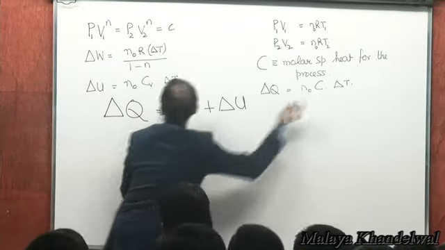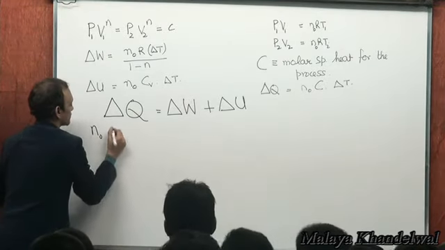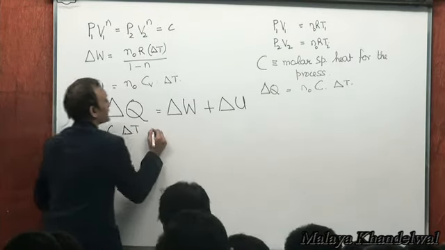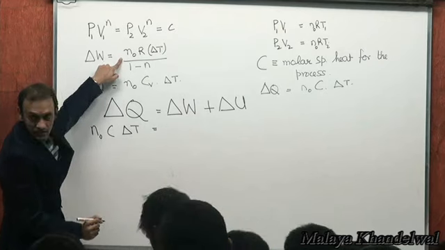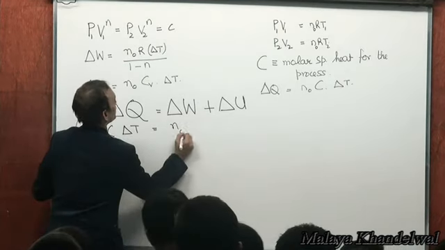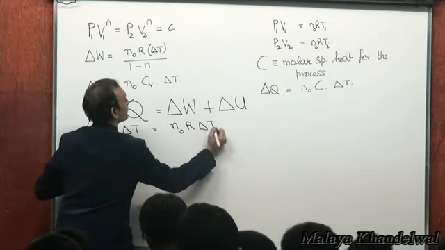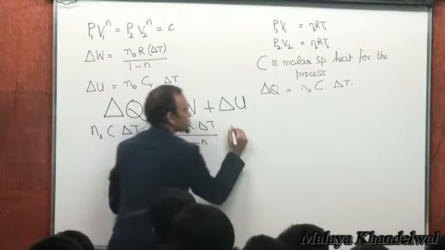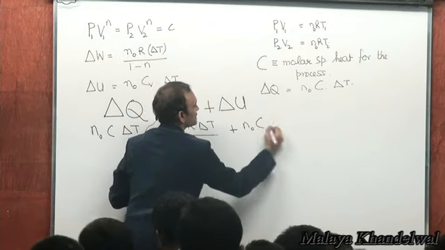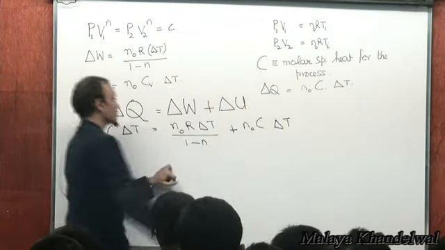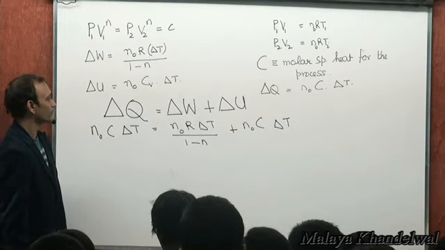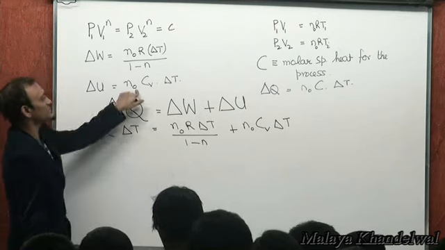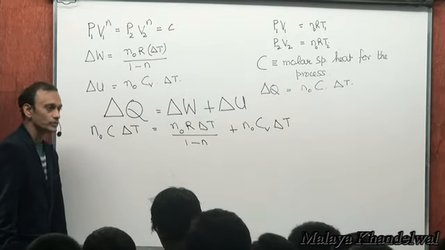So n naught C delta T, that's the heat supplied, is work done, which is n naught R delta T divided by 1 minus n, plus delta U, which is n naught CV delta T. That's the change in internal energy, right?